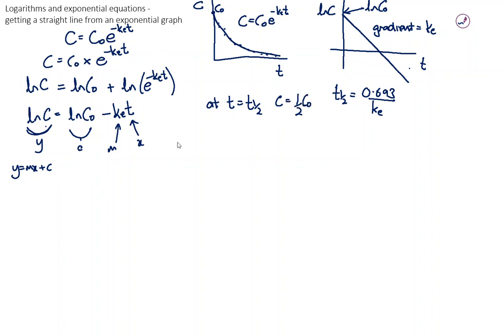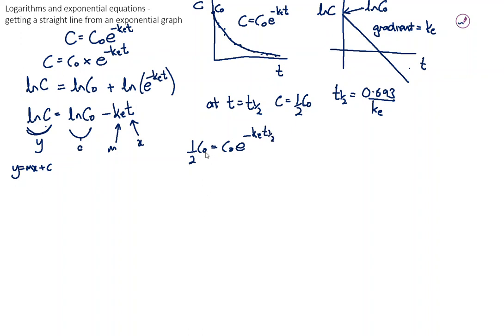That's the definition of half-time. So we can put those values into our equation. We've got half C0 for our concentration is equal to C0 e to the minus Ke times t half.